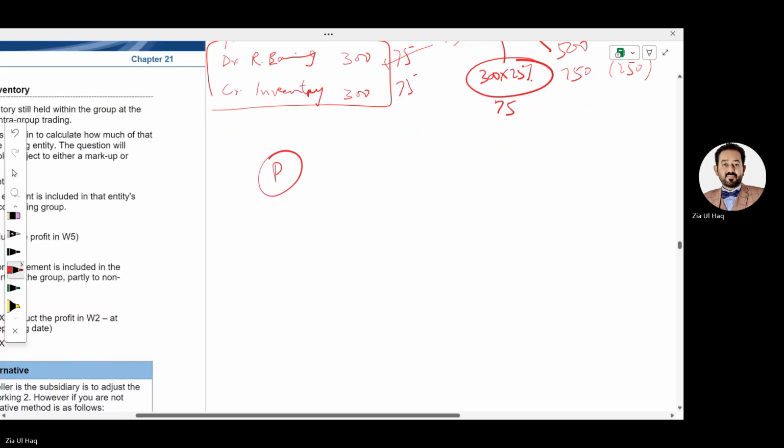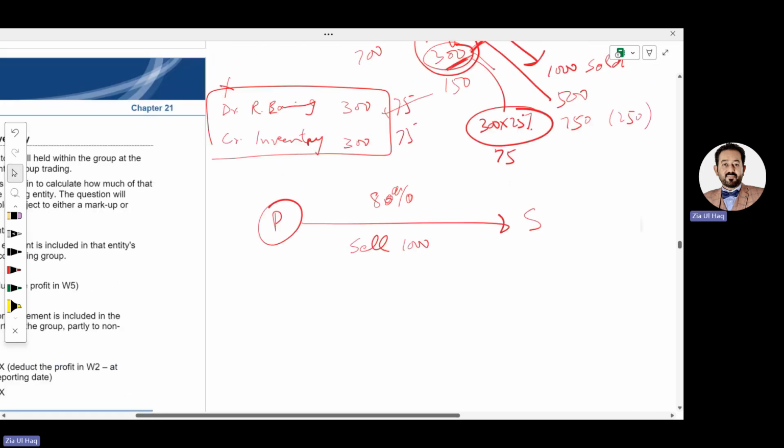parent company, subsidiary. If the parent company sold inventory to the subsidiary, and their holding is 80%, sell 1000 of inventory.